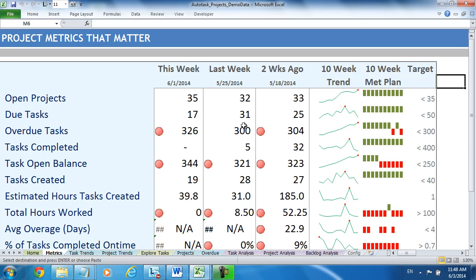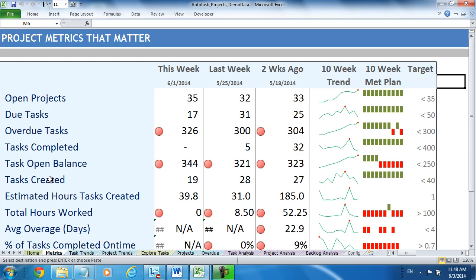So in here we just picked out a number of things like project and task related information regarding the total number of projects that happen to be open, tasks that are due on a specific week, overdue tasks, tasks completed on week. Basically the kind of things that you want to look at to make sure that both the quality and the quantity of information is occurring based on how you want to manage that.